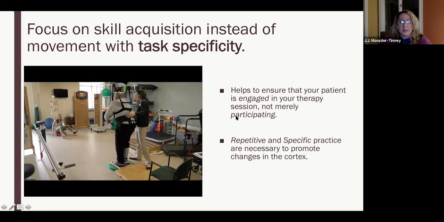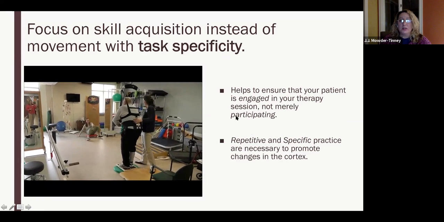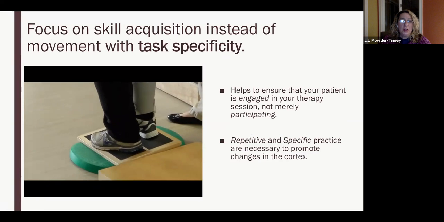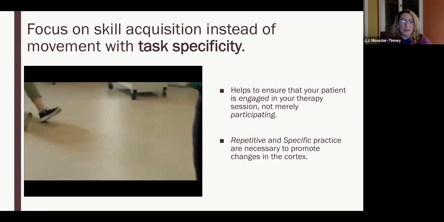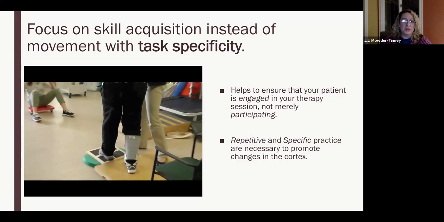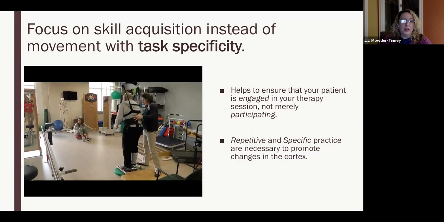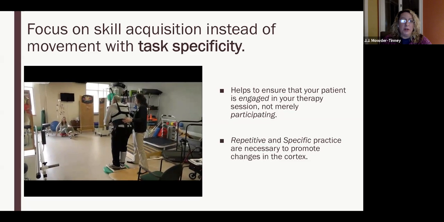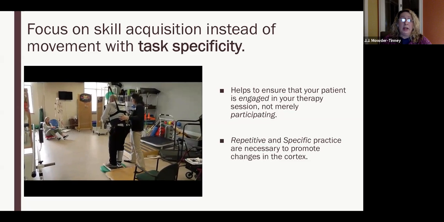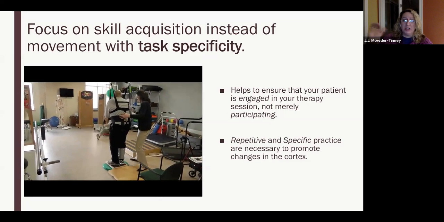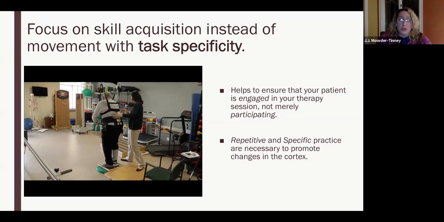When you look at task specificity, I think all of us have really great stories. This was one of, she's graduated, but at the time she was a student. And this gentleman, what's interesting is that he would fall a couple times a week, and he had been going to outpatient for almost a year and a half, and he kind of plateaued at 2 times a week.